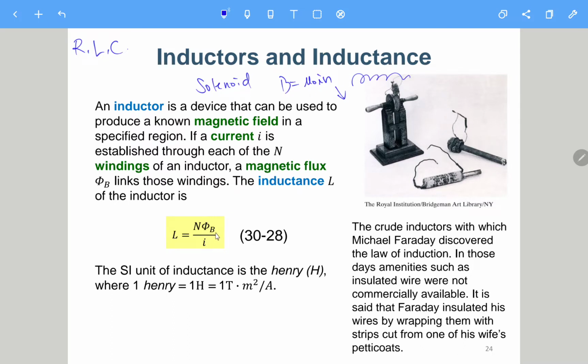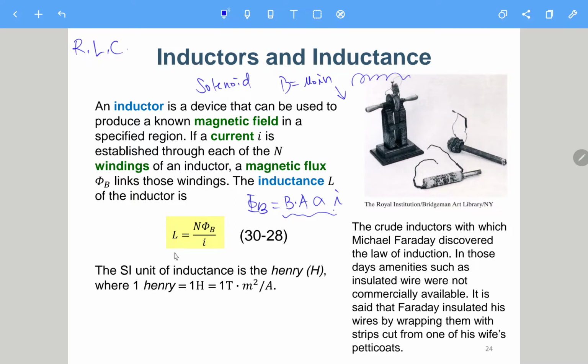Because phi B is proportional to the B field, phi B equals B times A, probably times N, or maybe I just skip this one. A should be a constant, so B times A is proportional to the current, so we define this value, and then it shouldn't relate to the current.